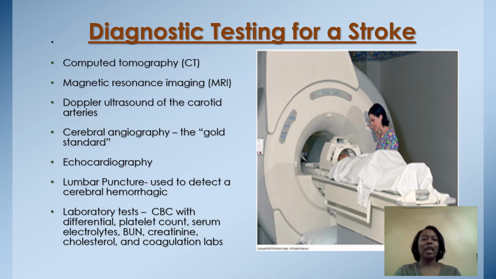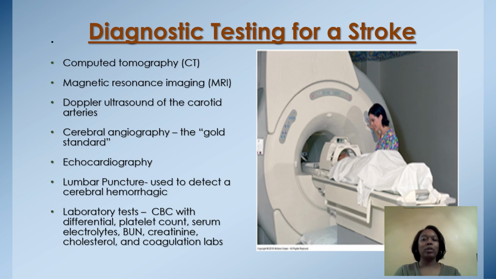A CT scan is the most common or the first test that is done for a suspected CVA, but also an MRI could possibly be used as well to detect whether the CVA is ischemic or hemorrhagic in nature.